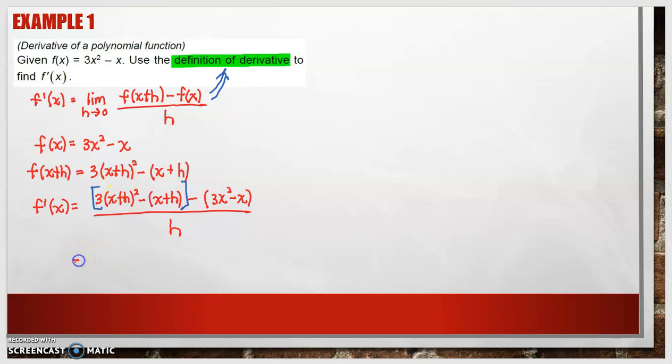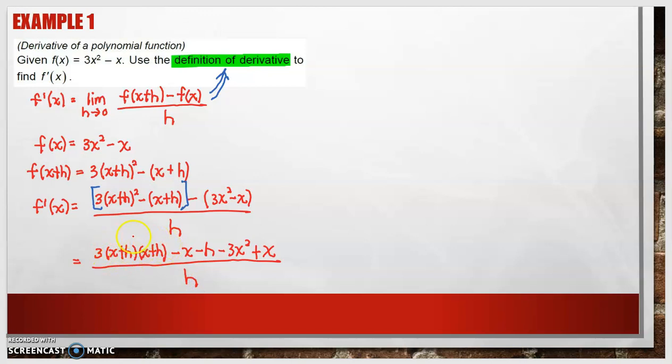So next I try to expand. Let's do it one by one. 3(x plus h) squared means (x plus h) times (x plus h). When I open out this bracket, it will become negative x minus h. When I open out this bracket, it will become 3x squared minus 3x squared, and negative times negative is positive, so here is plus x, over h.